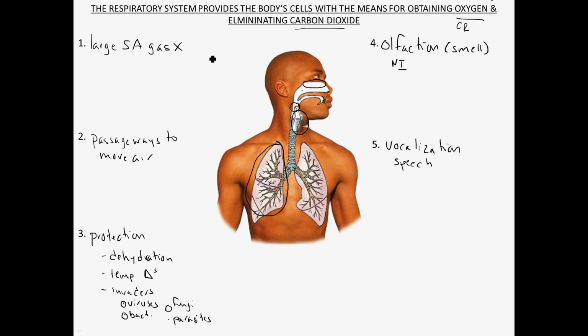So these five again: the two big ones in terms of gas exchange, carbon dioxide and oxygen, then protection, then the sense of smell, and then vocalization. You can kind of break them down that way.